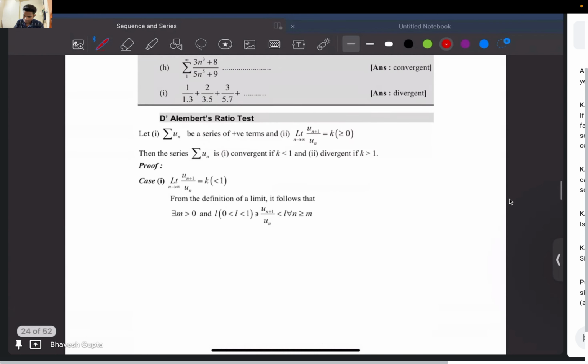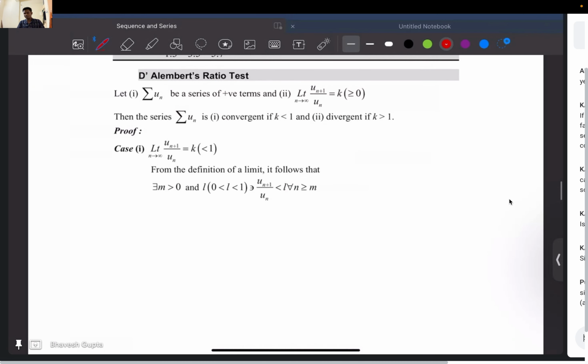Yeah, D'Alembert's ratio test. So basically, the term you should use, the ratio test, is nothing but D'Alembert's ratio test. Over here, he has given a proof of why this test works, how this test works.